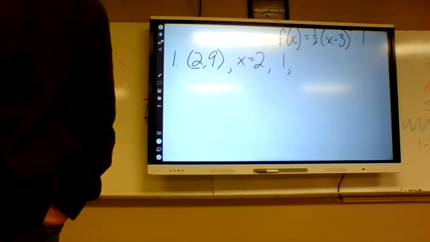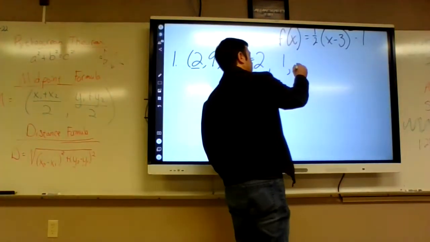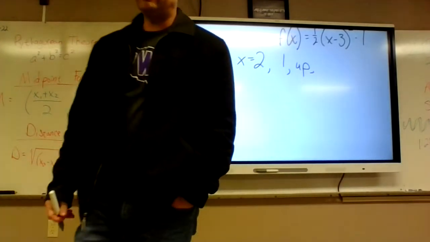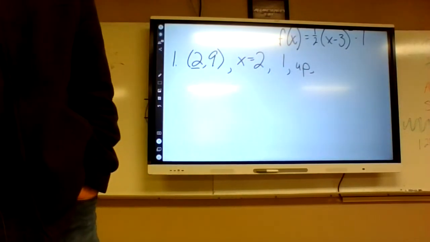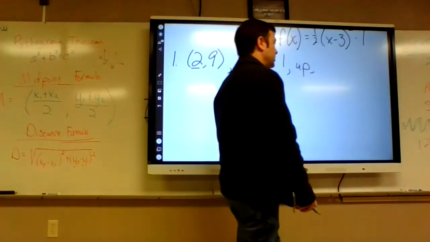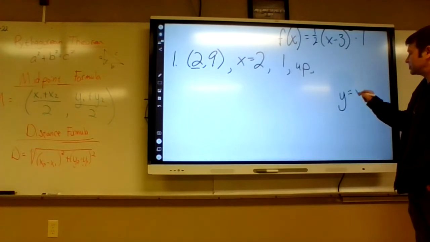Which direction is number 1 going to open, up or down? Up, because there's no negative in front. What was the last thing? Is it going to be steeper, flatter, or the same as a normal y equals x squared? Okay, how do you know it's the same?